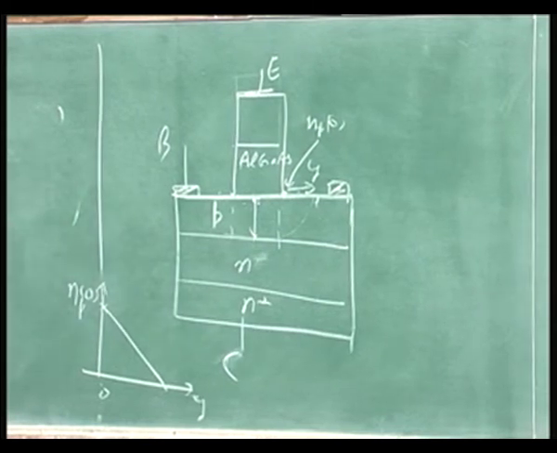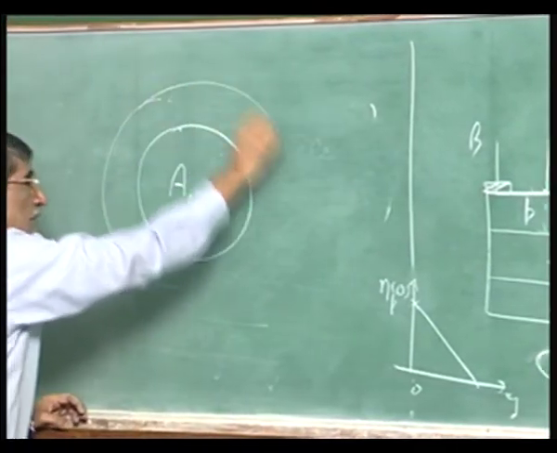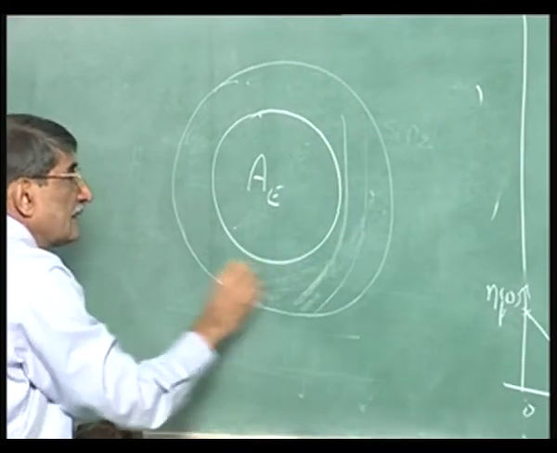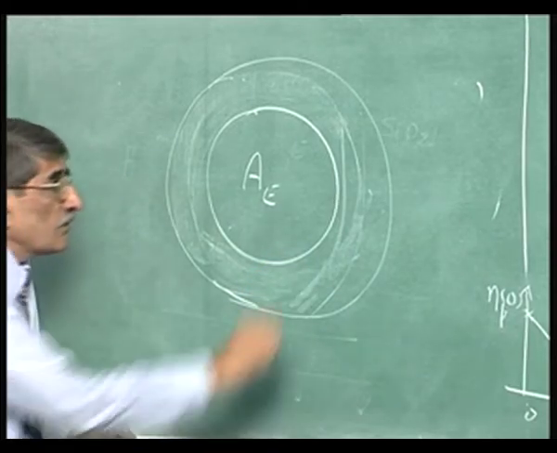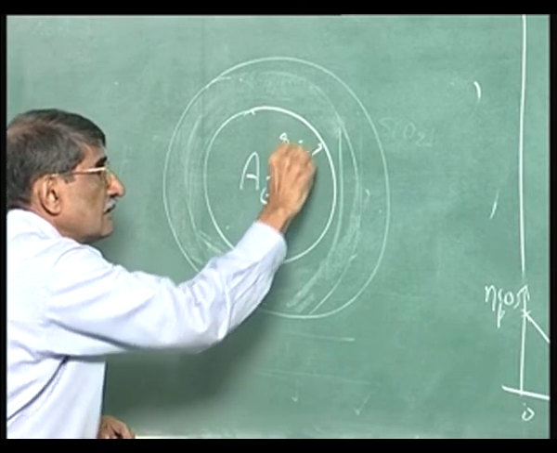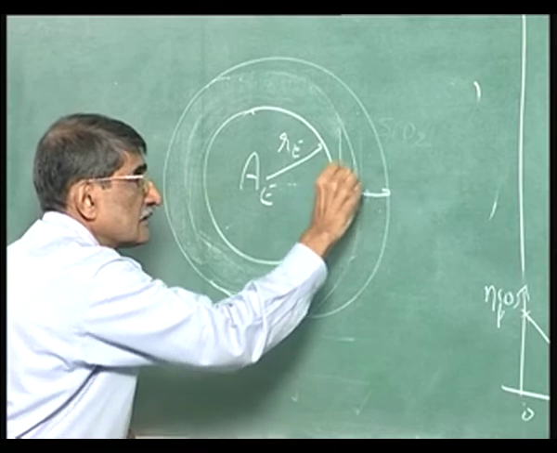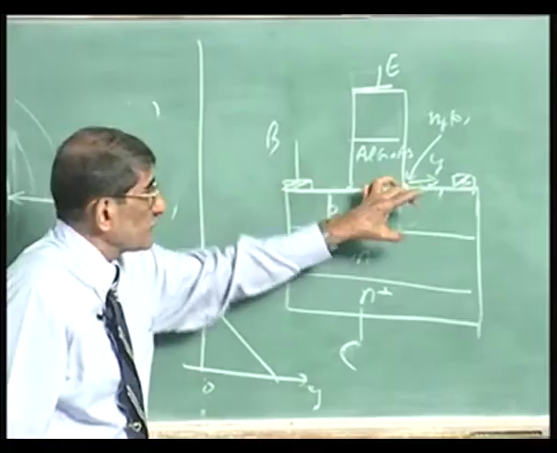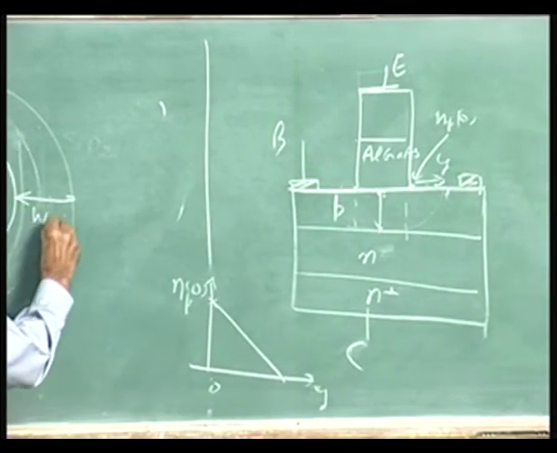Looking into the emitter from the top view, that is AE, and that is where the recombination takes place, around a ring of width. So, this is Re, and this width is equal to the base width almost. So, that is the base width.